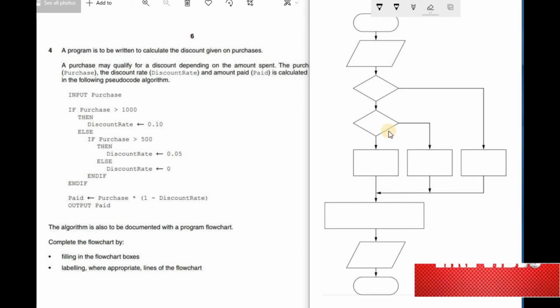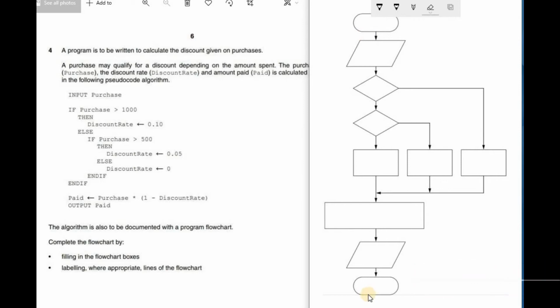For example, these two oval shapes are showing the start and end of the program or algorithm, while this parallelogram is showing the input or output, right? So any input or output can be shown by using this symbol.